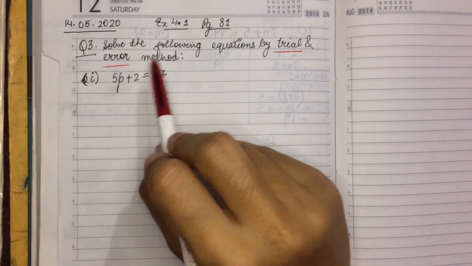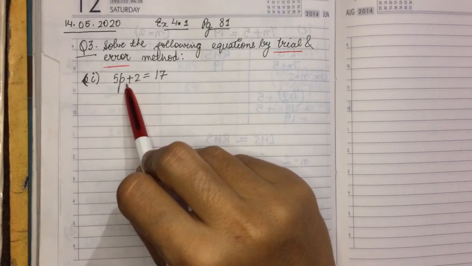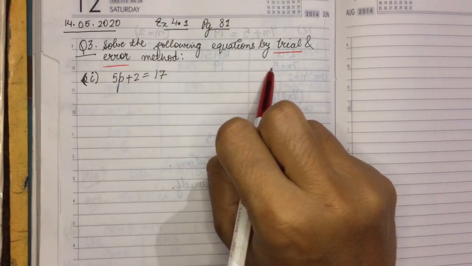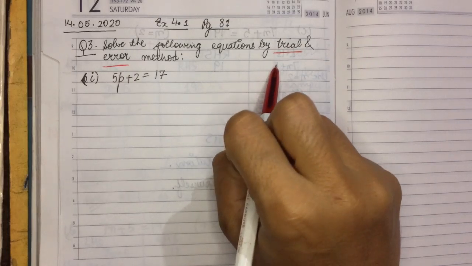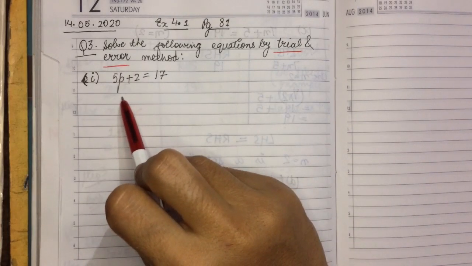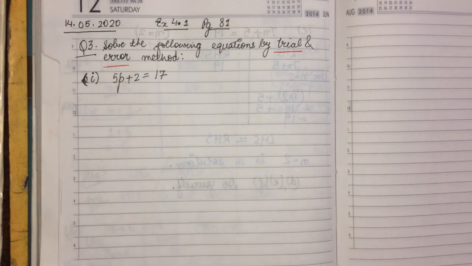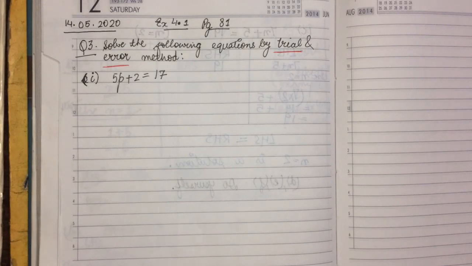So if we want to solve this equation, we want to find the value of p. And if we want to find the value of p using trial and error, I will try different values. I will try maybe p is 1, maybe p is 2, maybe p is 3. If I get an error, I try the next value.